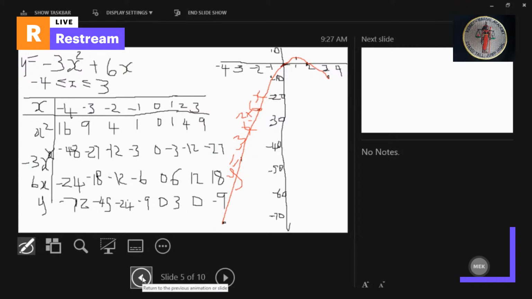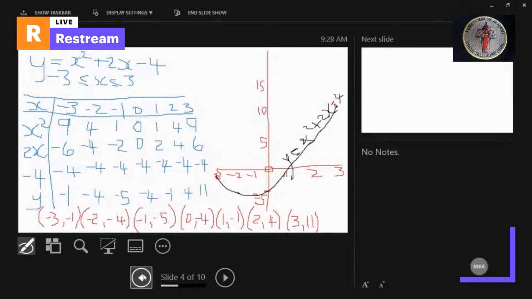So you notice that when the coefficient of the x squared term was positive, in this case positive 1, the parabola was oriented up, right? Which some people call a smiley face or a tick, depending on what the domain is, how wide we got the curve.